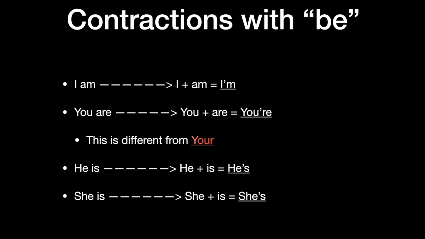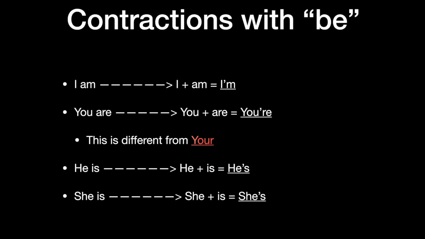You are becomes you're. And I want to take a moment here. The you're I have right here, Y-O-U apostrophe R-E, is different from your, Y-O-U-R. This is another example of a homophone, and I'll talk about this a little bit later in the lesson.